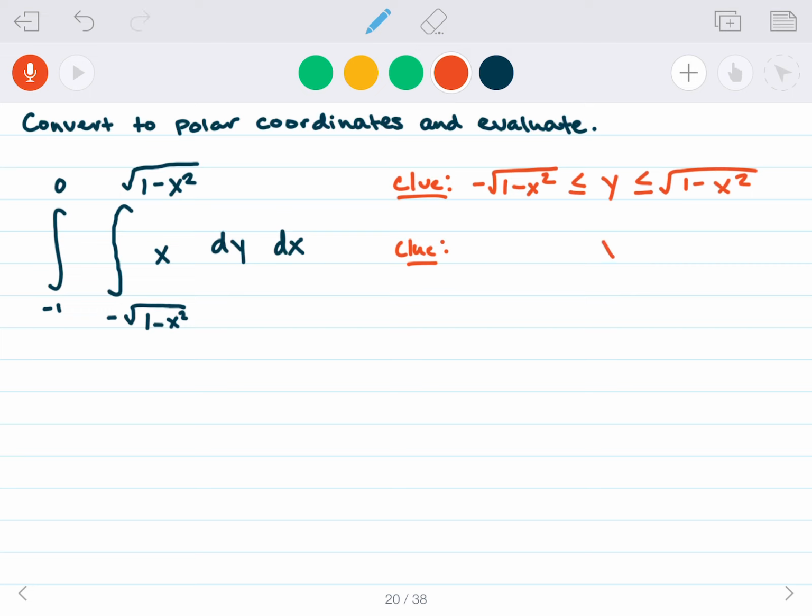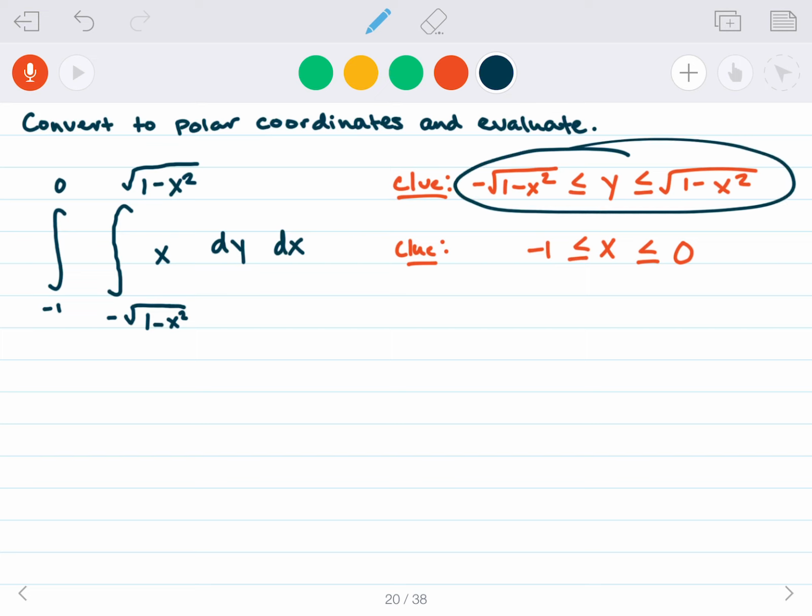So x is bigger than or equal to negative 1, less than or equal to 0. Okay, now how can we gather information about r and theta? Well, we need to work with what we have. We want to come up with something that's in terms of x squareds, y squareds, r squareds, so that we can actually see what's going on.